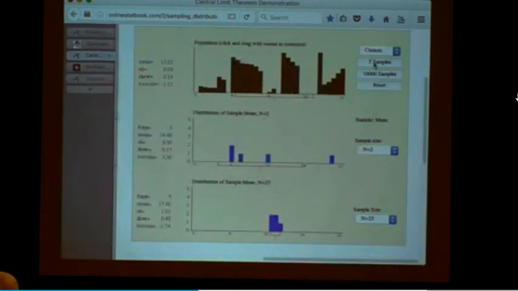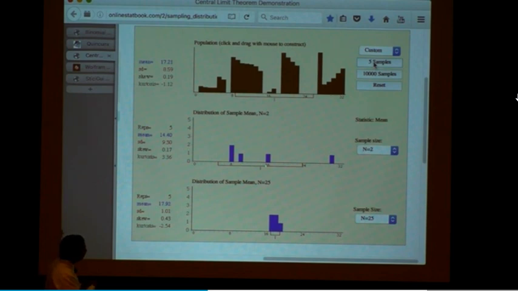Five samples, each sample size of 2 data points. For 2 of the samples, my average was 8. For one sample, the average was 10.